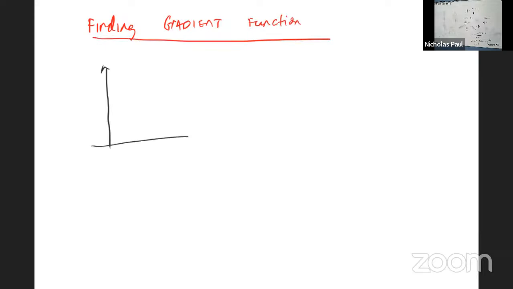Let's say I gave you a function looking like that. That function is a curve, right? So at different points, the gradient is always changing. So let us say this function is y equals f of x. At different points, that gradient is always changing. So we need to find a way to get the gradient at any single point. To get the gradient at any point, here's what we could do.